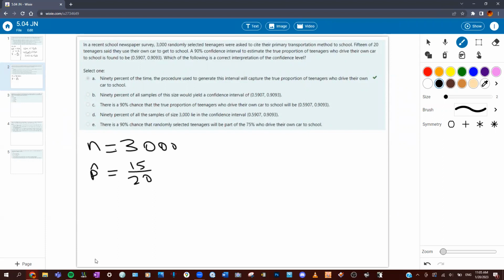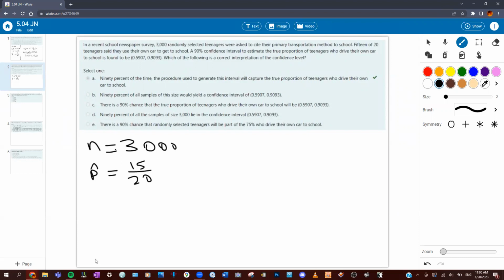I'm not going to say those two numbers, but that's basically saying we are 90% confident that it would be in between those. 90% of the time, the procedure will capture the true proportion. So that's how we know that A is right.